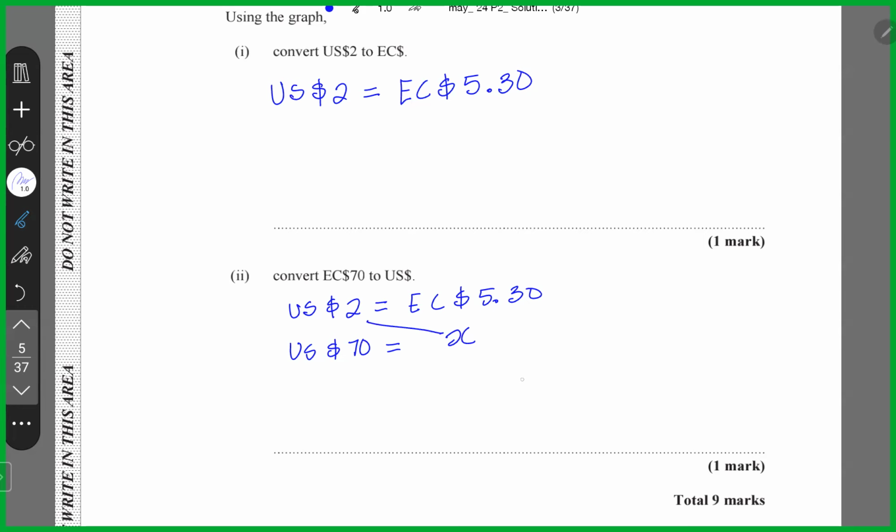All I have to do is find X. 2X is equal to 70 times 5.3.